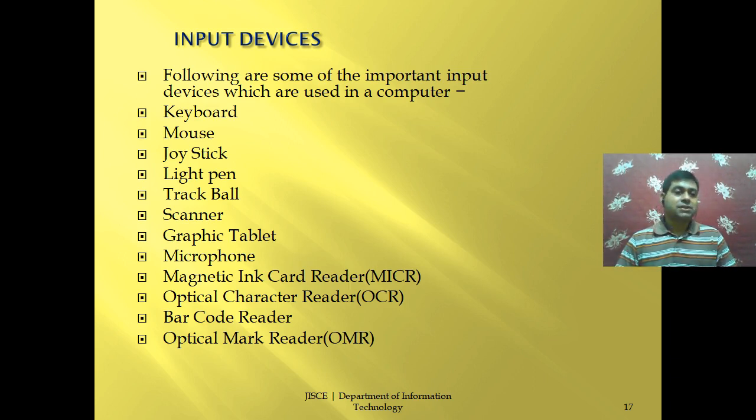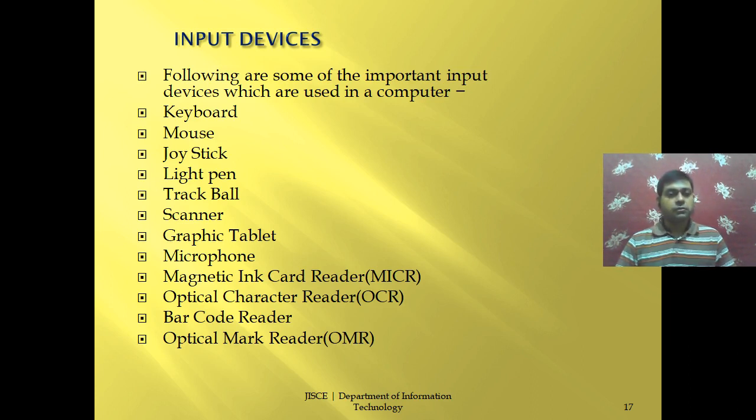Then comes the concept of the mouse, where the movement can be in two dimensions, left-right and front-back. Joystick is also similar to that, but a little different. I will show you the pictures afterwards.